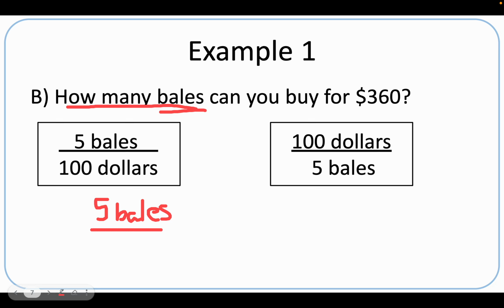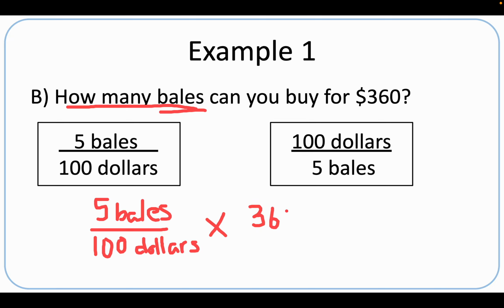So again, we're going to follow that pattern that we said, the rate times the number. I have 5 bales for $100, and then we're going to multiply it by $360. And I'm just going to use the dollar sign to go faster.